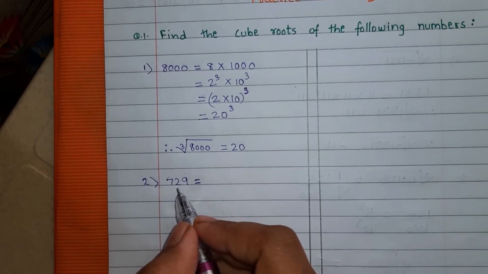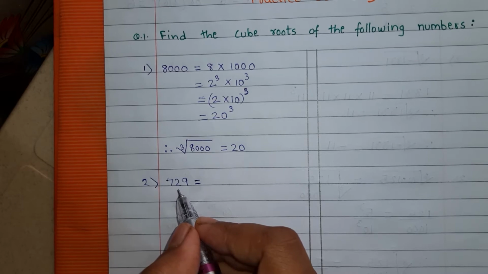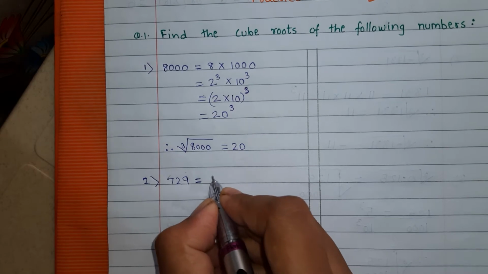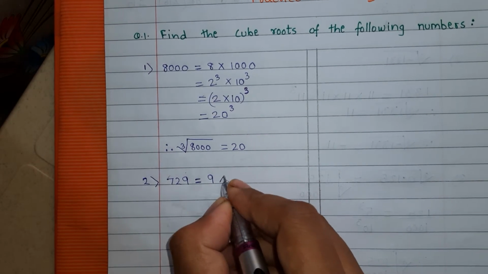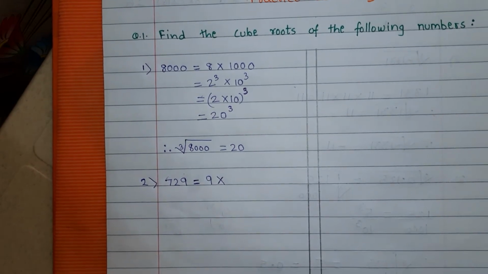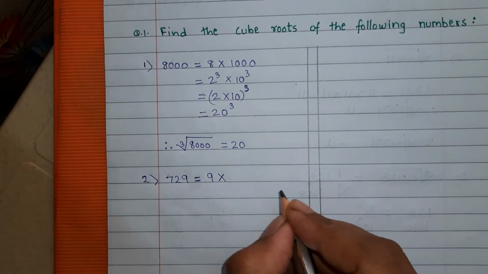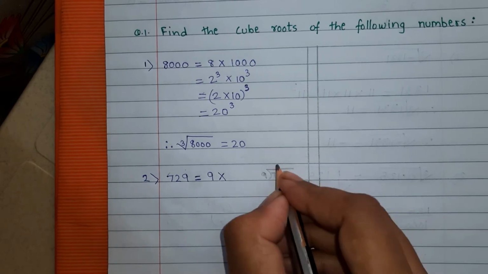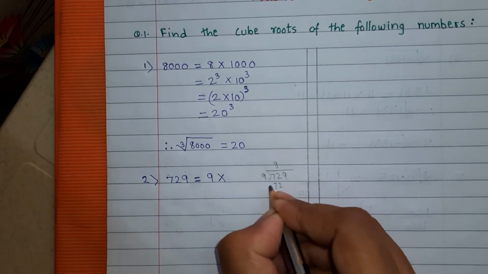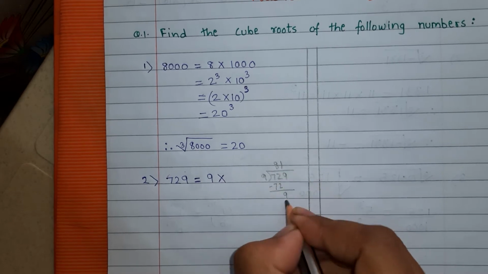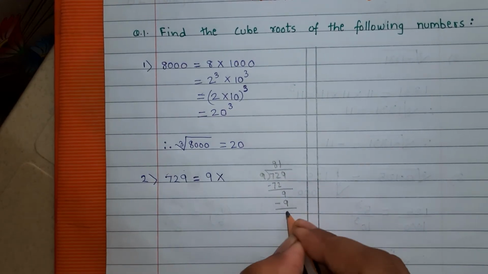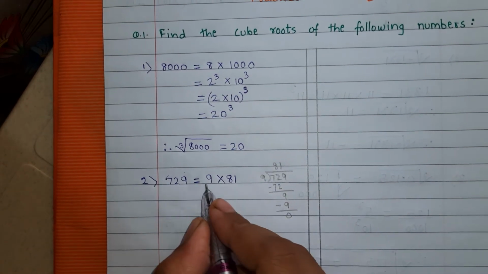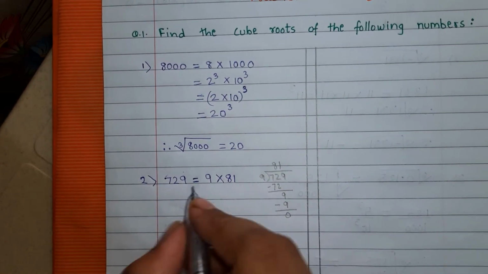This number is also divisible by 3, but we will take a bigger number, that is 9. So 9 into what is 729? We will see. 9 8s are 72 and 9 1s are 9. So we will get here 81. 729 is 9 into 81.